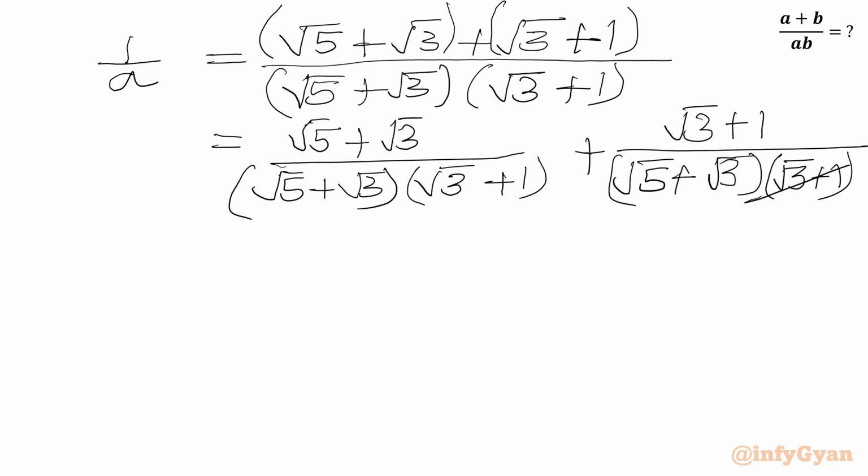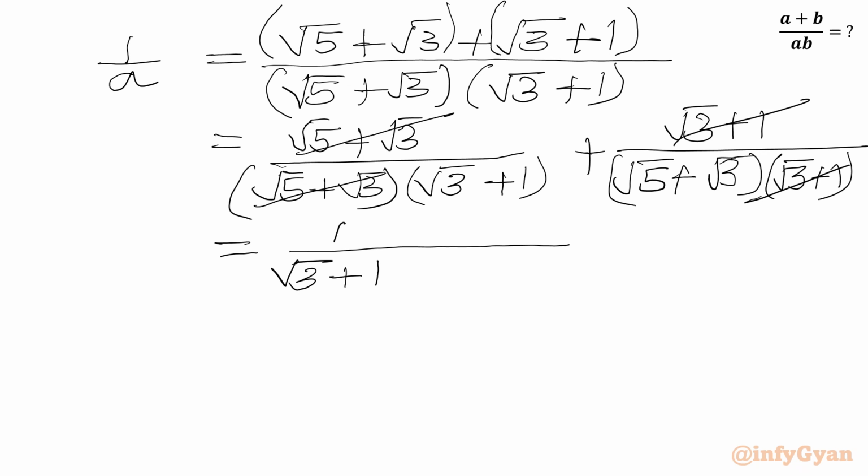Now we can cancel root 3 plus 1 here and root 5 plus root 3 here. We will get 1 over (square root 3 plus 1) plus 1 over (square root 5 plus square root 3).